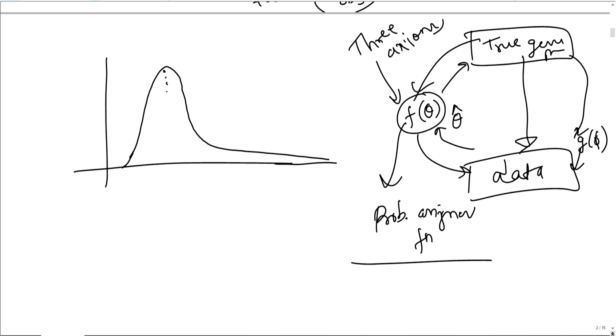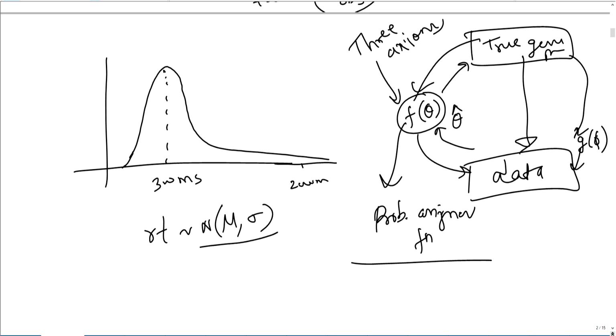The peak, the median, is around, let us say, 300 or 400 milliseconds, and they can go up to, let us say, 2000 milliseconds. This is the typical distribution of reaction times we get. Now, if you make the assumption that these reaction times come from a normal distribution with mean mu and some standard deviation sigma.